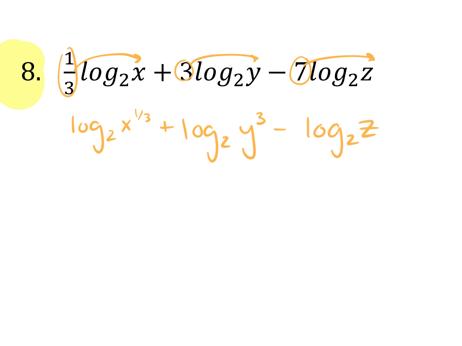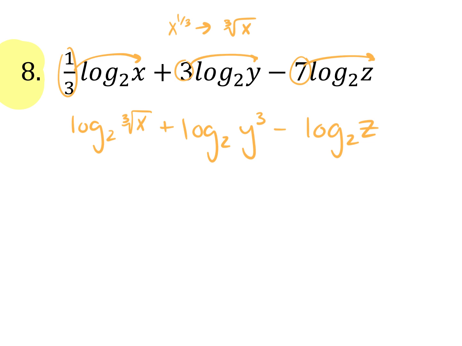What do we do with the 1/3 power? How could we write that? Rewrite that. What would x to the 1/3 power change to? Awesome, the cubed root of x. So this would be the cubed root of x.